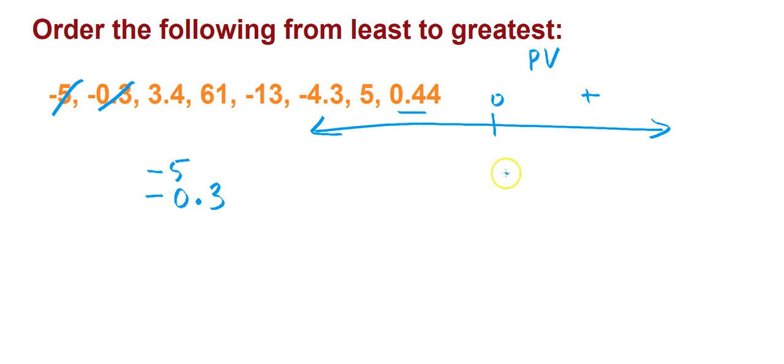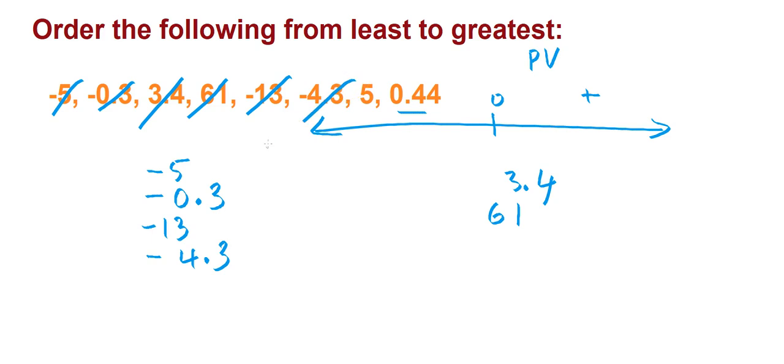On this side you've got 3.4, you've got 61, you've got -13, you've got -4.3, this side you've got 5, and you've got 0.44.